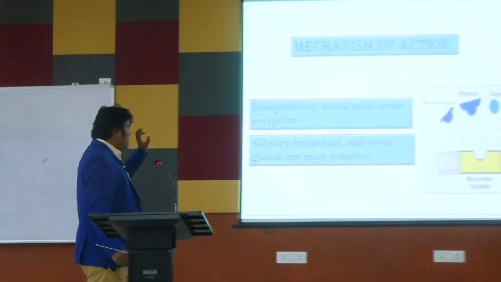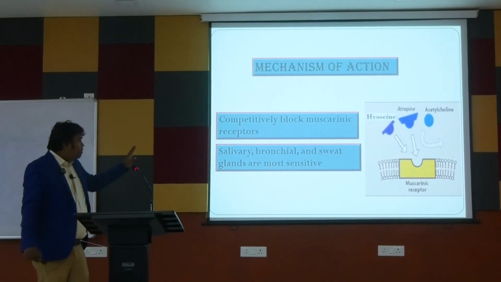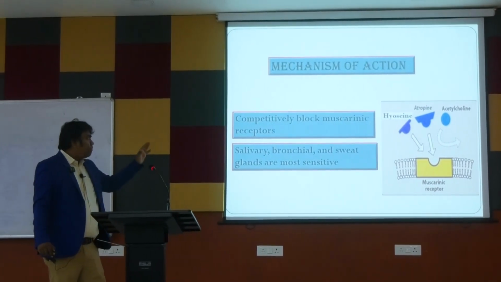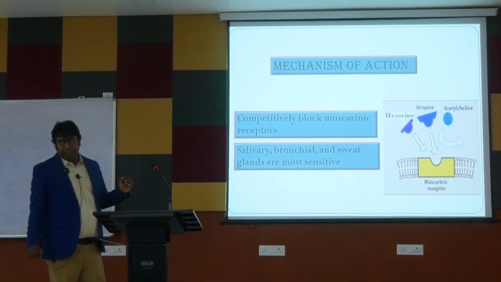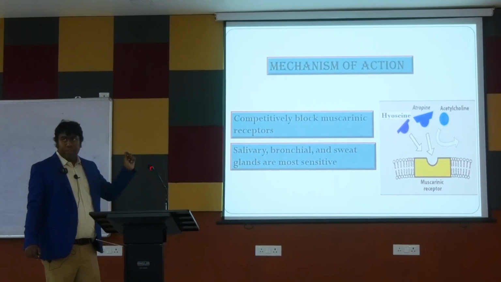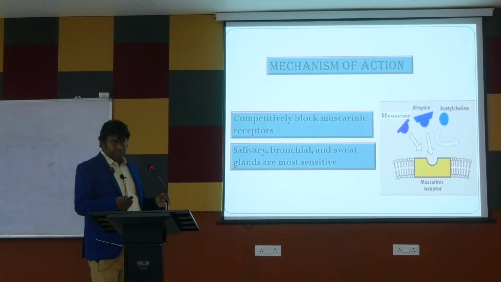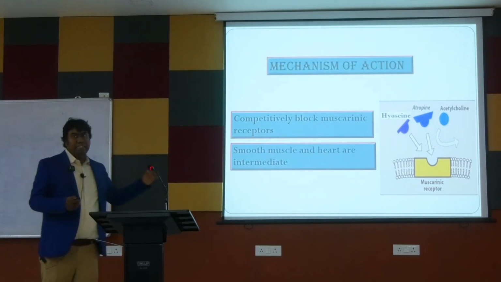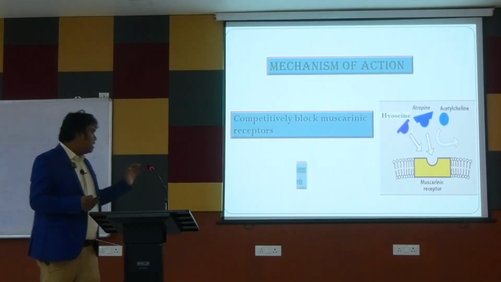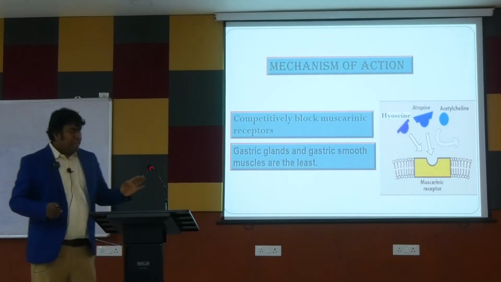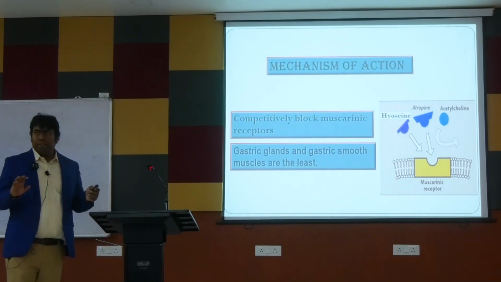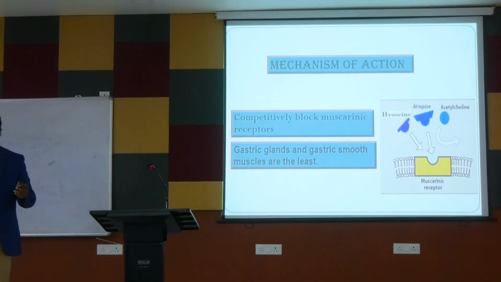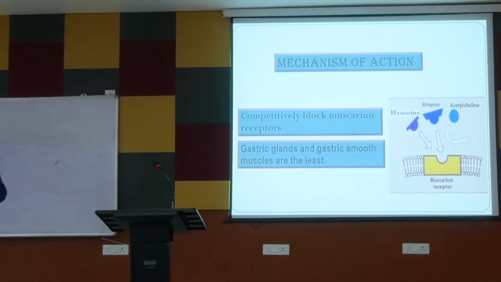They are more sensitive in the case of glands like salivary, bronchial and sweat glands. Intermediate for smooth muscle and heart, and least sensitive for the gastric glands. Clear? More sensitive, intermediate sensitive, least sensitive.